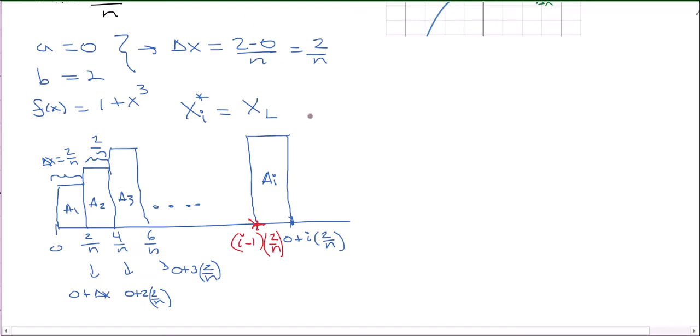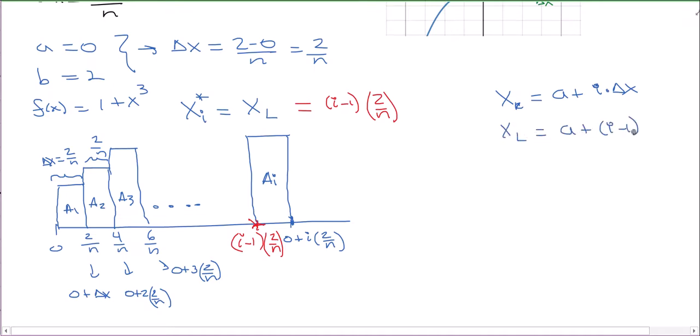So my left endpoint then is i minus 1 times 2 over n. And if you choose to remember the formulas: the right endpoint is a plus i times delta x. The left endpoint is a plus i minus 1 times delta x.